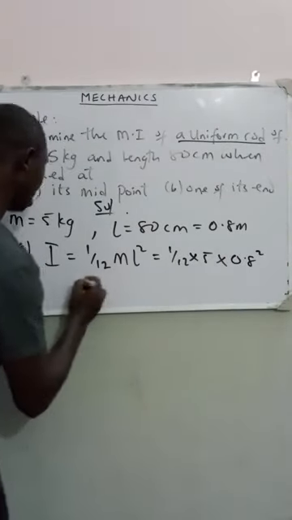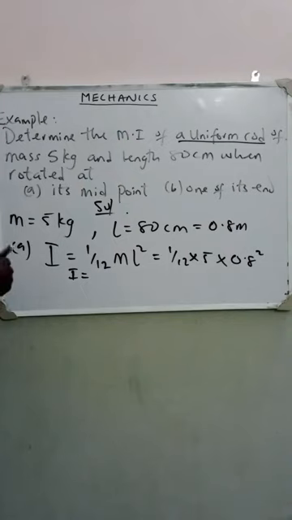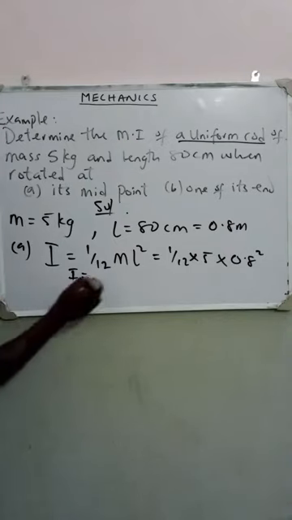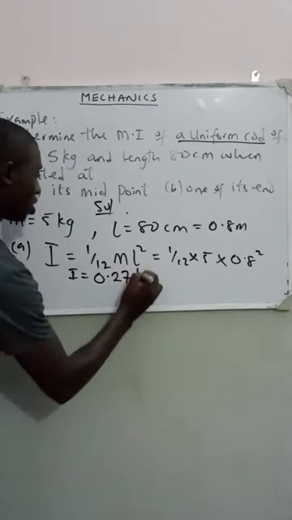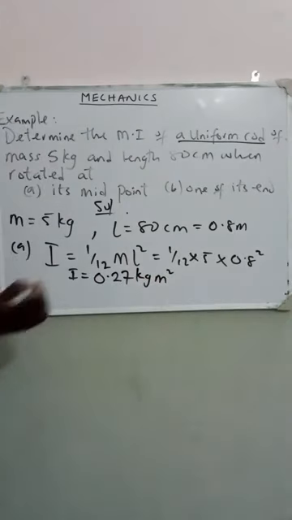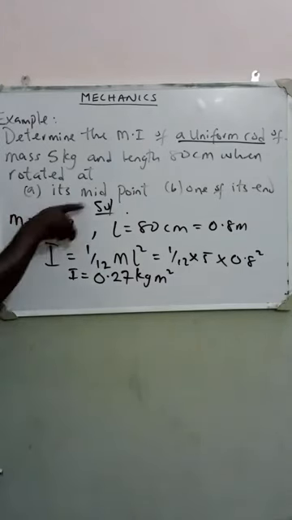So 0.8 squared multiplied by 5, divided by 12, gives 0.27 kilogram meter squared. That is the moment of inertia of the rod when it is rotated at its midpoint.